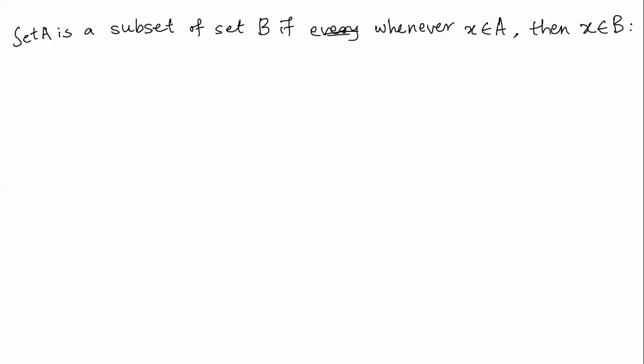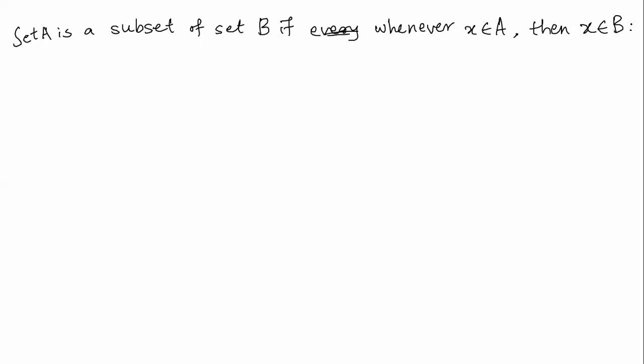This is the simple definition and this much only. Nothing more than that. If there is one element which is in A, then definitely that is in B. Whenever this happens, we say that A is a subset of B.